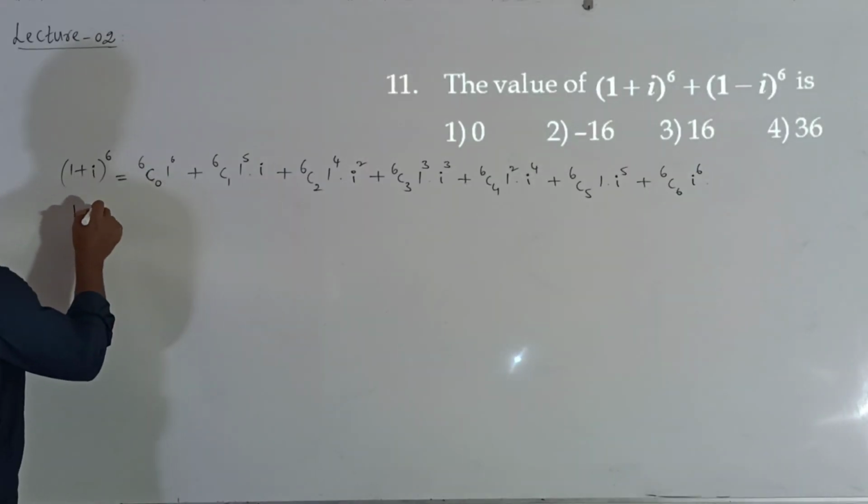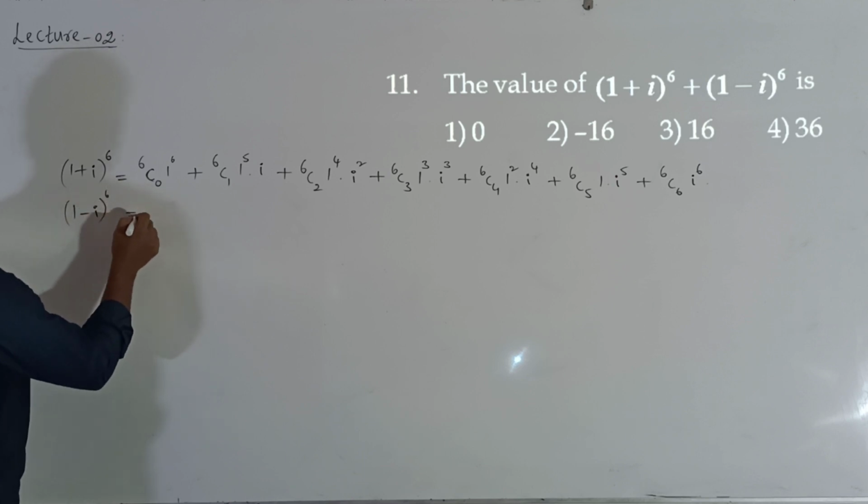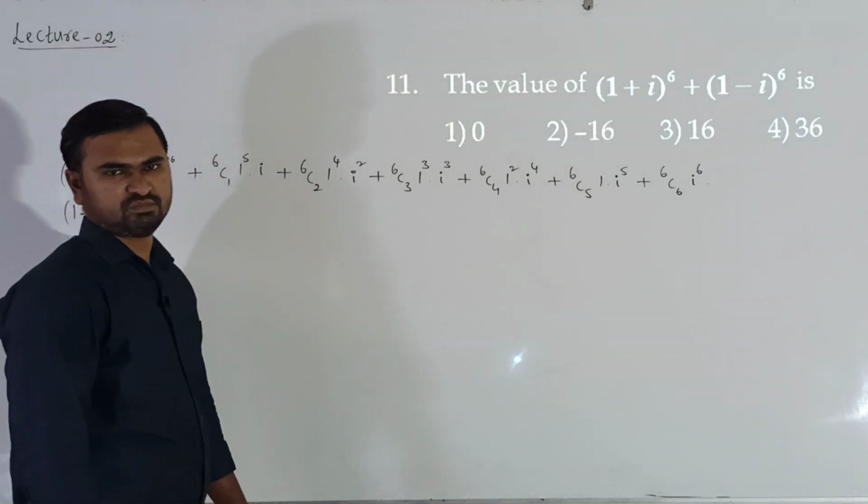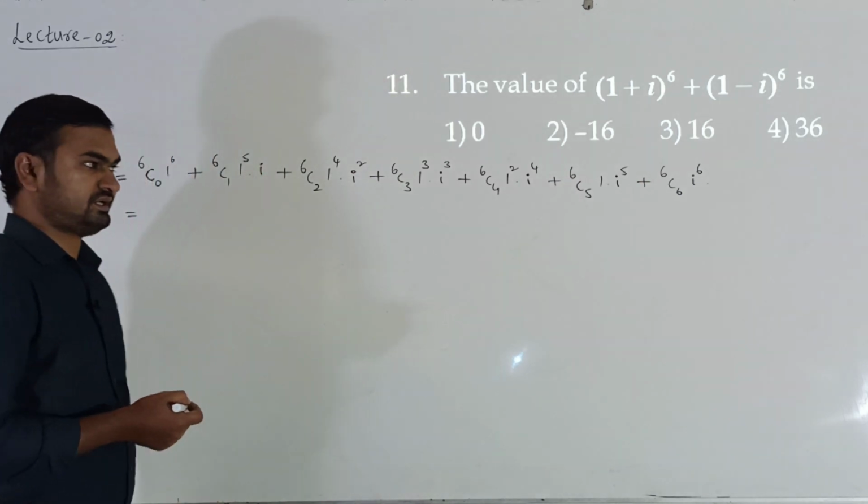Now, when minus is there, what will be (1 - i)^6? The same terms will appear, but alternately positive and negative.